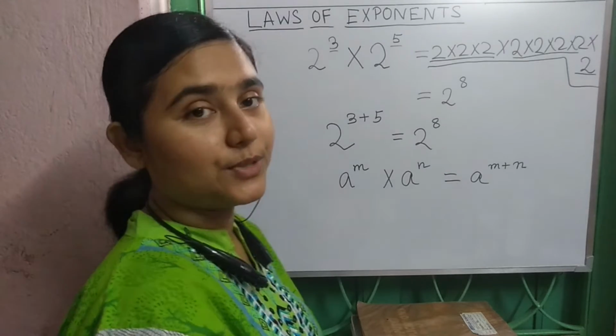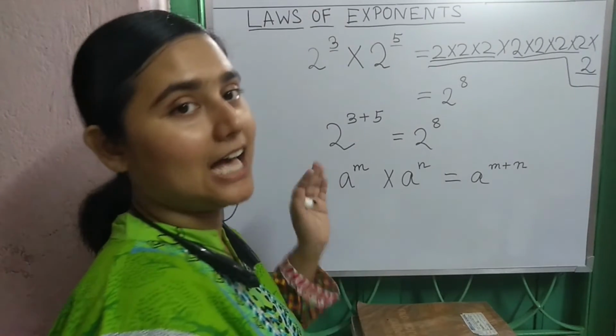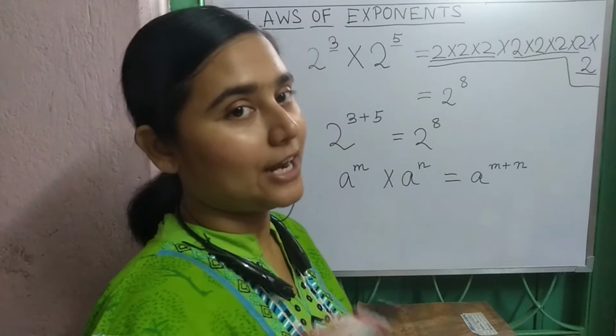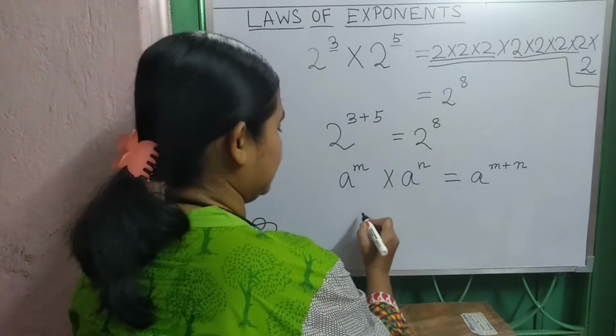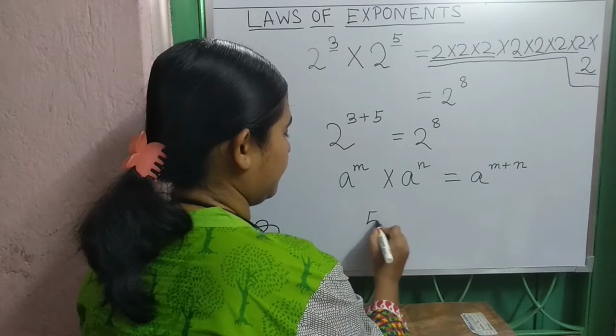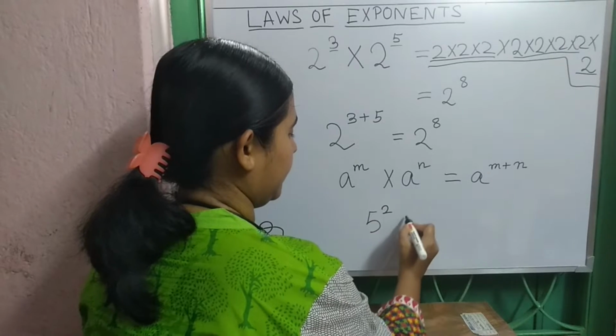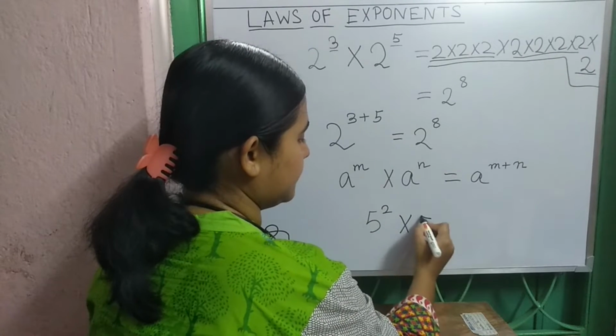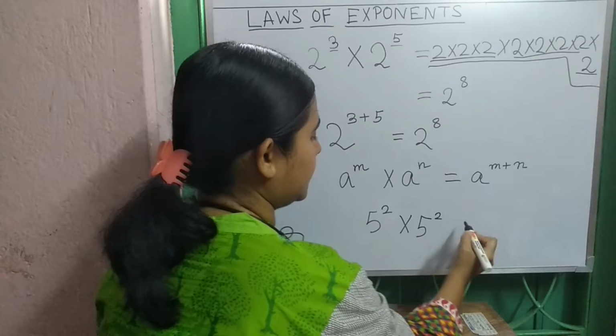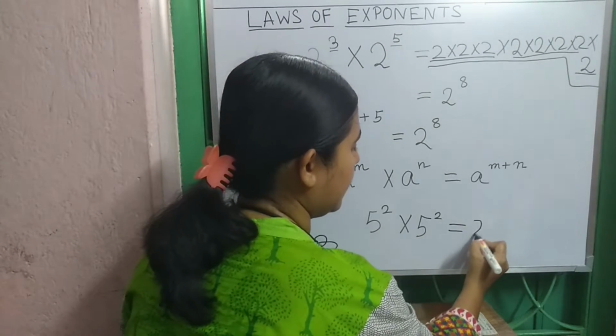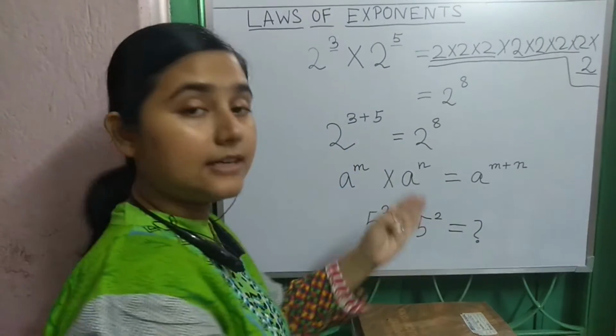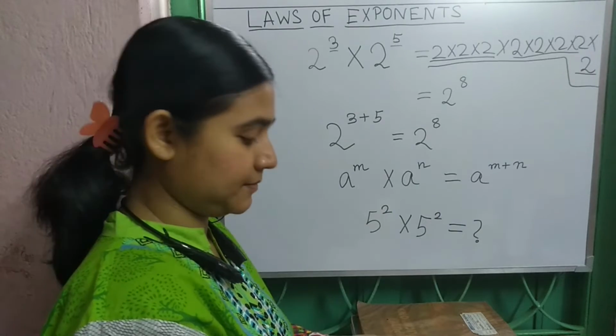Now I am going to give you one question. You have to write the answer in the comment box. 5 square times 5 square. What will be the answer in the exponential form?